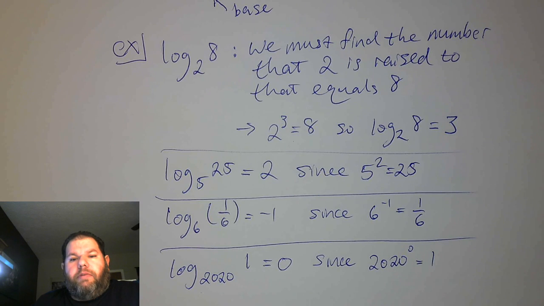Okay. That's just our basic understanding of logarithms. Now, there are logarithms that we aren't able to calculate in our heads, but luckily we'll be able to use the calculator for that instead.